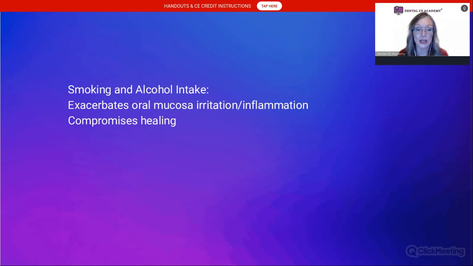Smoking and alcohol intake exacerbates the oral mucosa, irritation, inflammation, and compromises healing. And you will have cancer patients that continue to smoke. Unfortunately, my father had been a smoker, but he quit smoking when he was 51, when he had a massive heart attack.